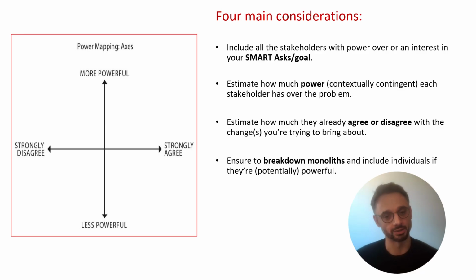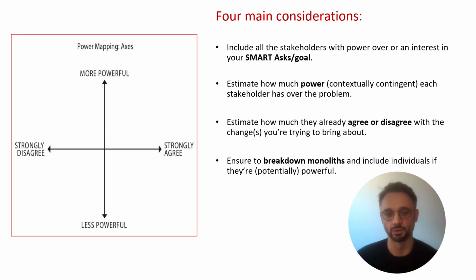We might get down to different civil servants or ministries or even individual powerful officials within the government, elected or unelected. Similar with if we're plotting a group like women, we might choose, well, women of a particular age group or political persuasion. We want to break down those big groups so that we don't have monolithic stakeholders on our map.